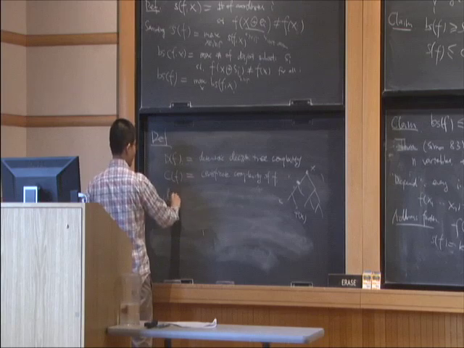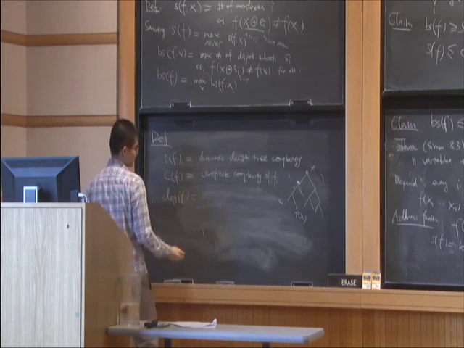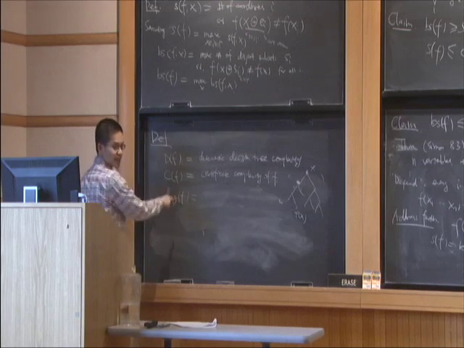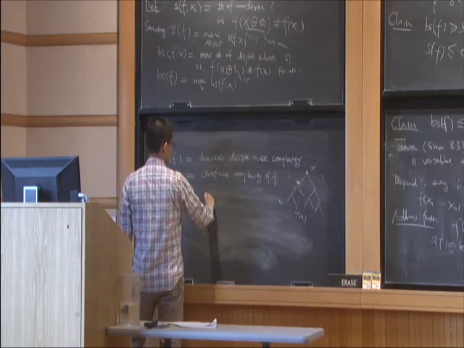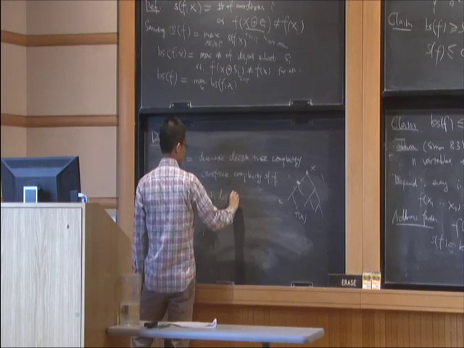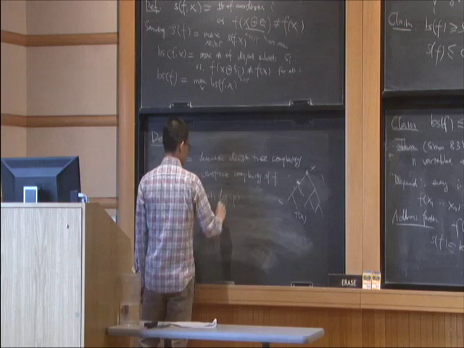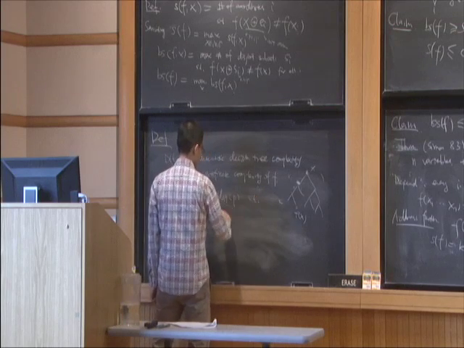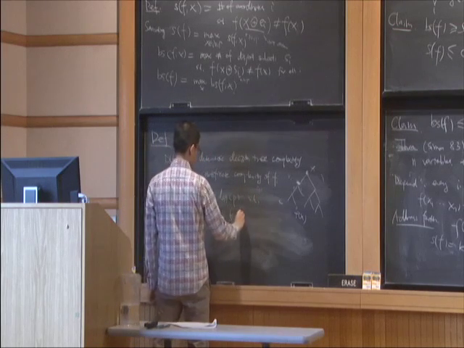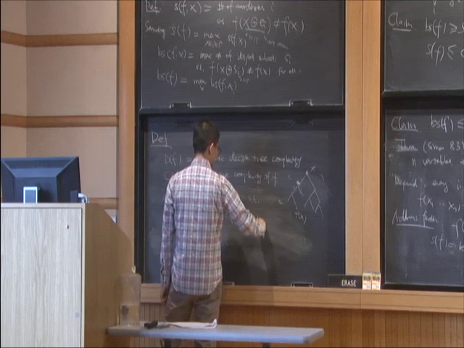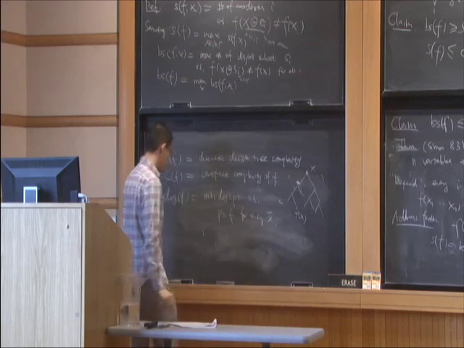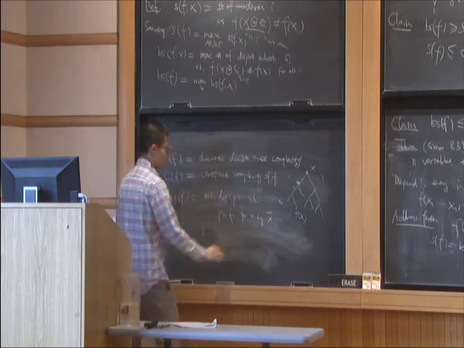And the degree of f is just the degree of the polynomial that represents f. So it's the minimum degree of p such that p is equal to f for every input s. P is a polynomial over the reals.